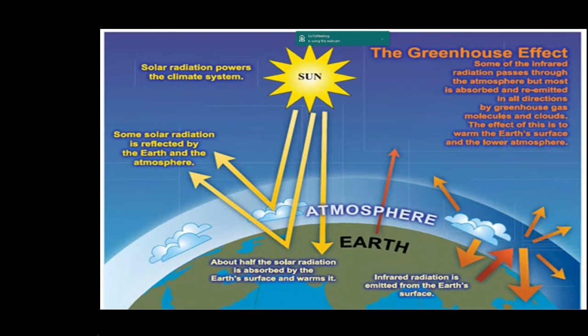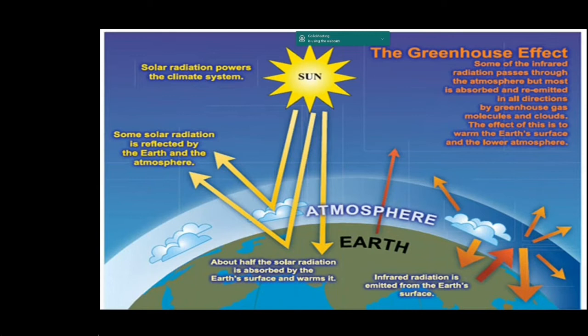One, they deplete the ozone in the atmosphere, thereby creating holes through which the sunlight can directly hit the earth, causing global warming. And the second thing is, it absorbs the radiation which is getting reflected or bounced back from the surface of the earth. It will absorb and scatter it in all directions, thereby causing further warming.